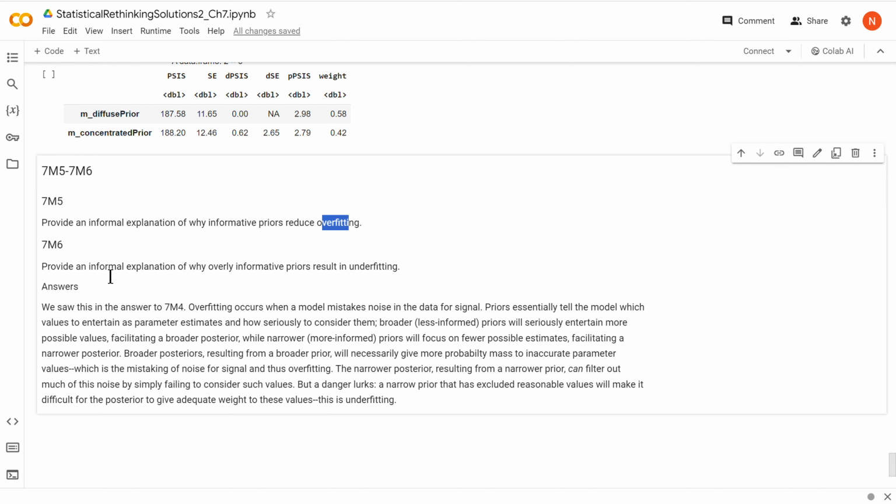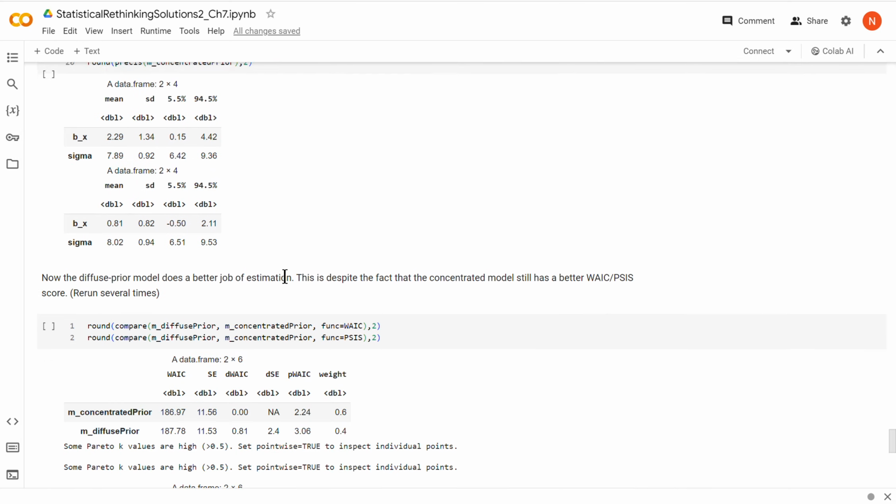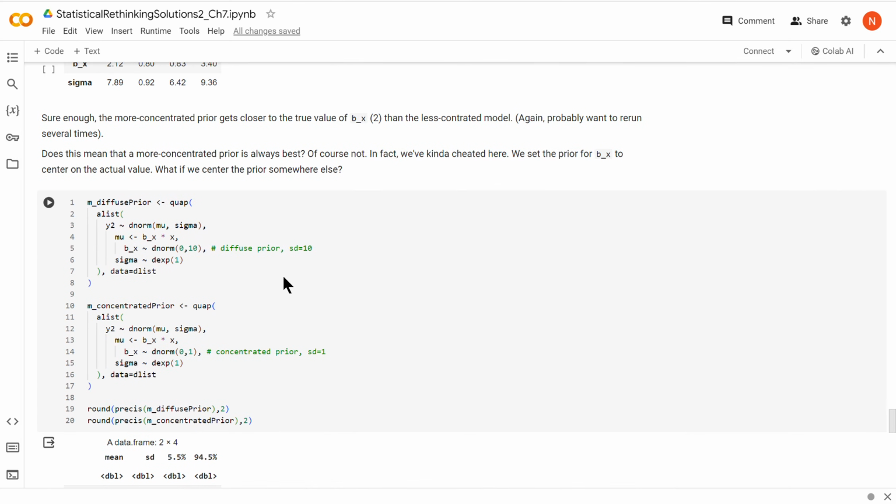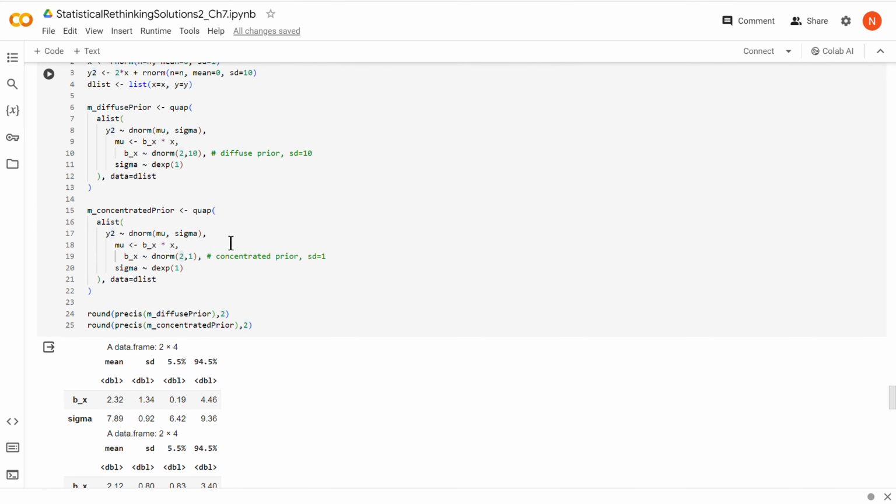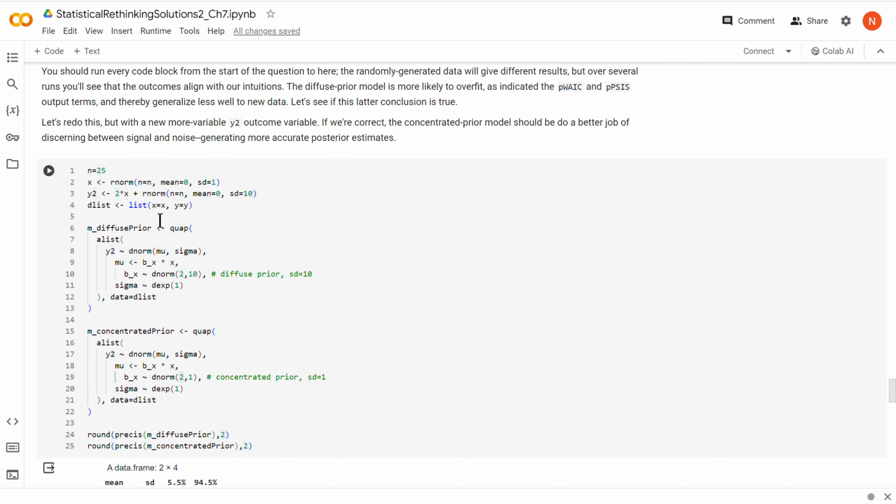But now the next question is to provide an informal explanation as to why overly informative priors result in underfitting. So we also saw something for this. In the example that we just looked at, we cheated a little bit. We cheated because the value of the beta x term is 2, and we centered our priors on 2.